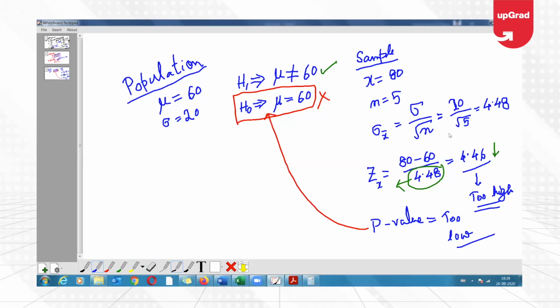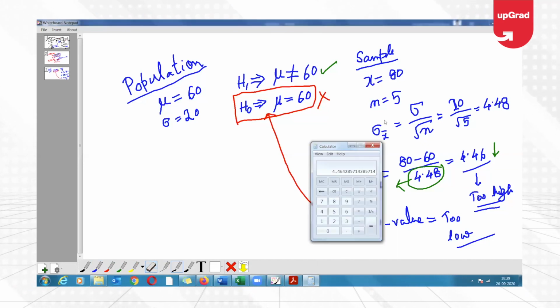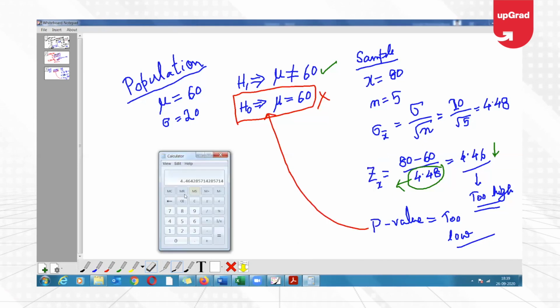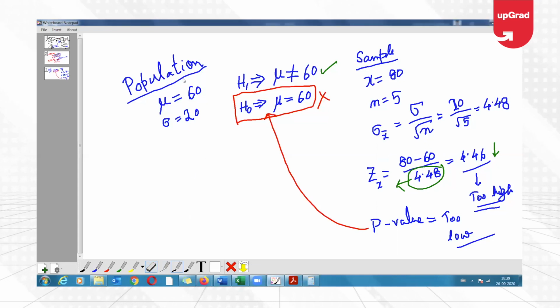If this is the case, then what will happen? 20 divided by 2.23, which is square root of 5, is 8.96. Will it make a difference? So 20 divided by 8.96 will be 2 point something. No, still high. So still I am not convinced.